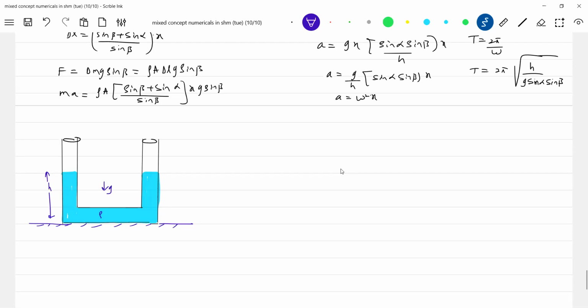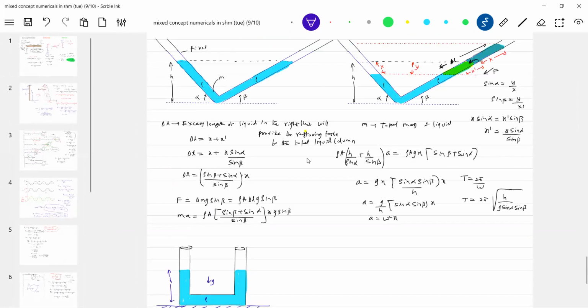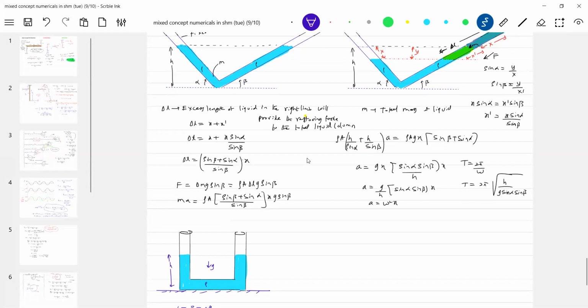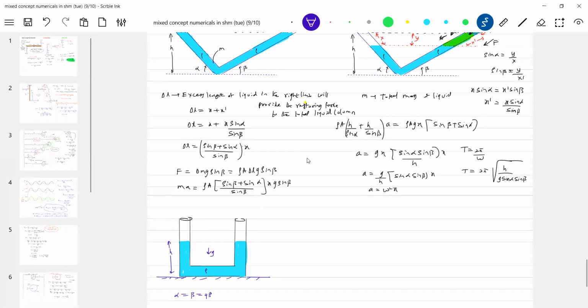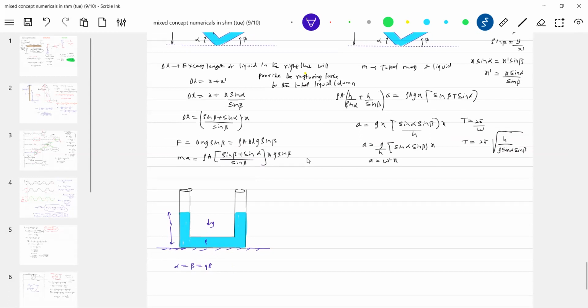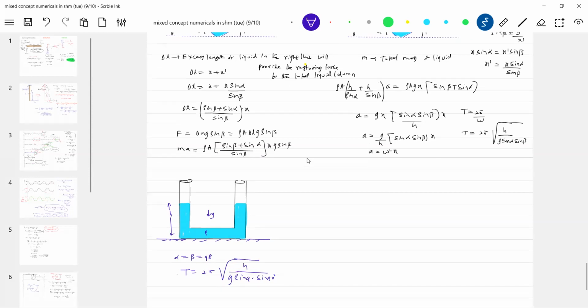I want the time period of oscillations of it. So what are alpha and beta? Alpha and beta will be 90 here. That's all. So the time period will be T equal to 2 pi root of h by g sine 90 sine 90.